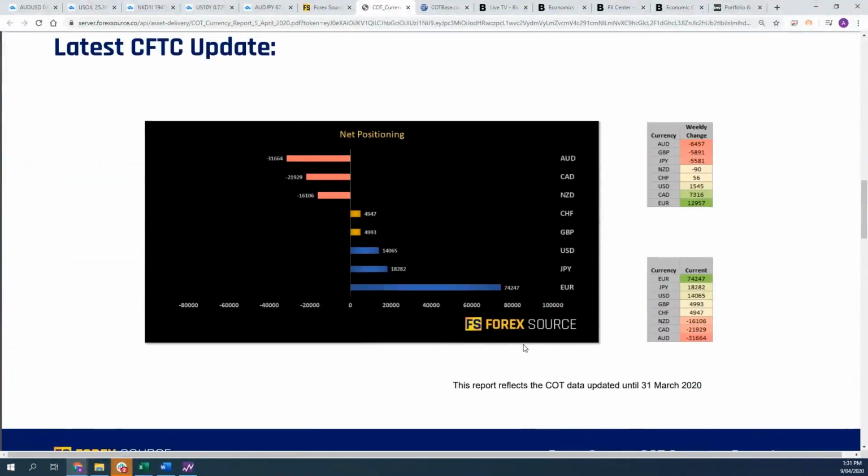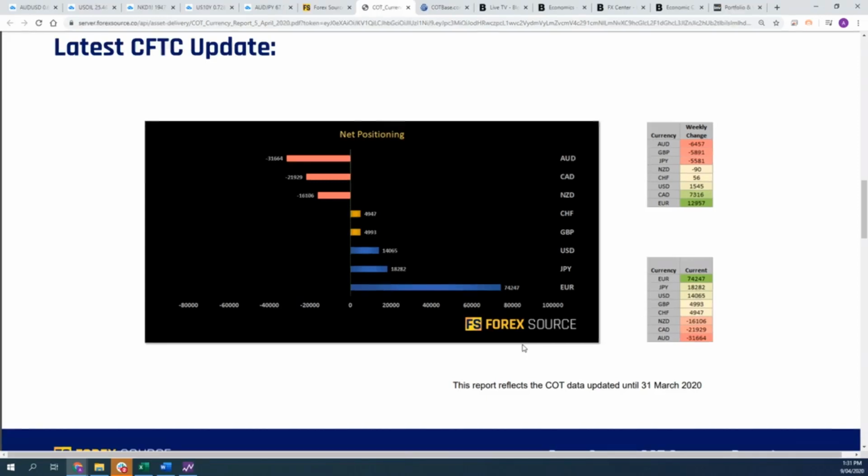Firstly, you can use it as a way to confirm your current bias for a currency. If we see a currency has a very strong net long position, but you have a strong bearish bias, that can mean one of 2 things. Firstly, your bias might be incorrect, or it means that the market is wrongly positioned for that particular asset, and there's lots of room to the upside or to the downside.